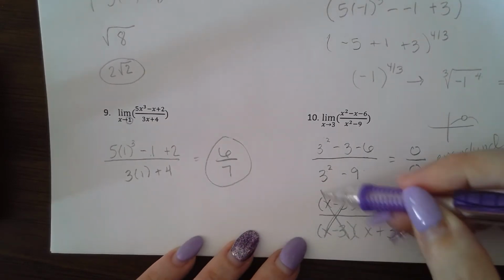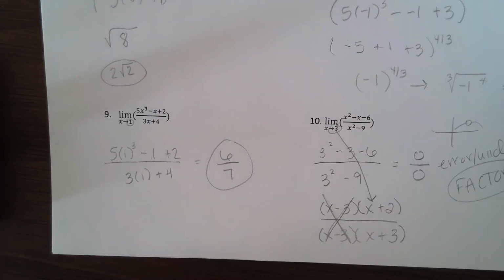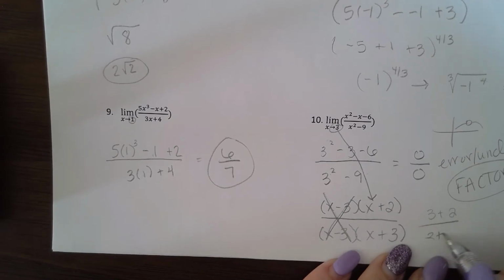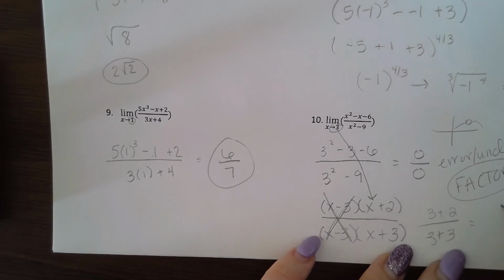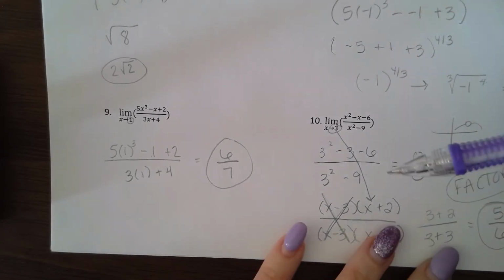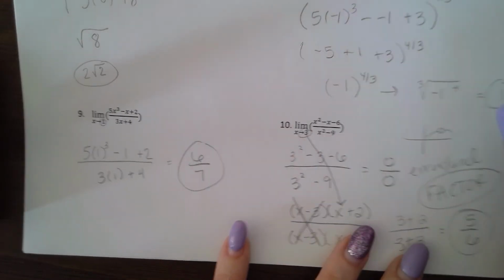So now that those go away, now I can plug 3 in here, right? So we have 3 plus 2 over 3 plus 3, which gives us 5/6. So even though when we plug it in here we get error, that doesn't matter. That just means we're going to have to factor, and our answer then ends up being 5/6.